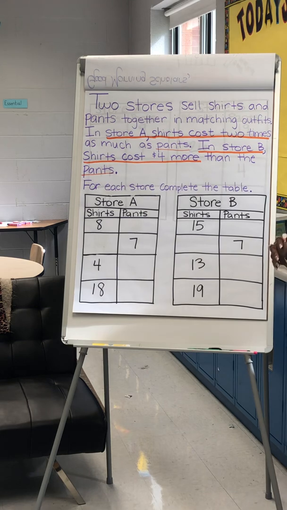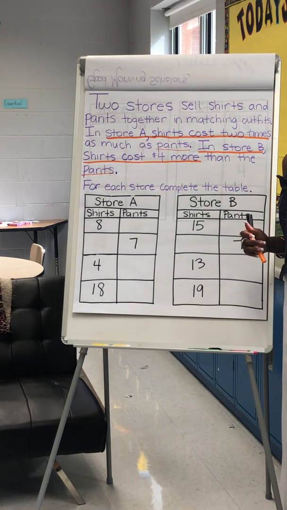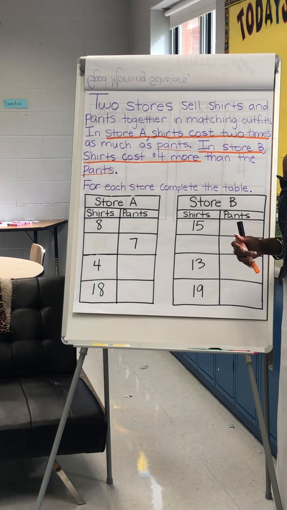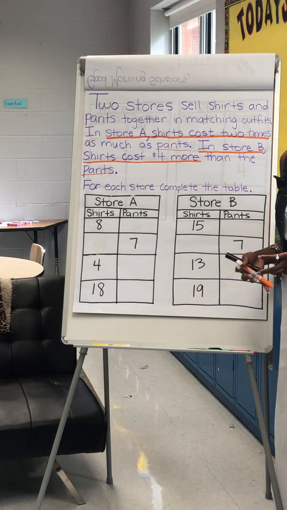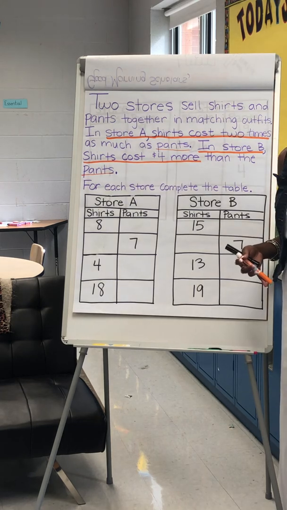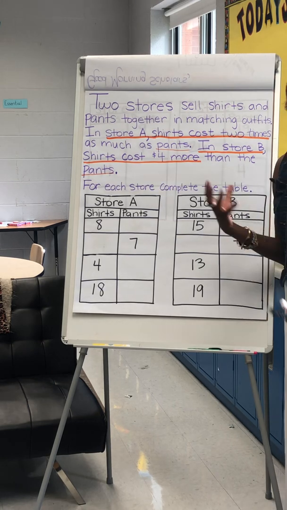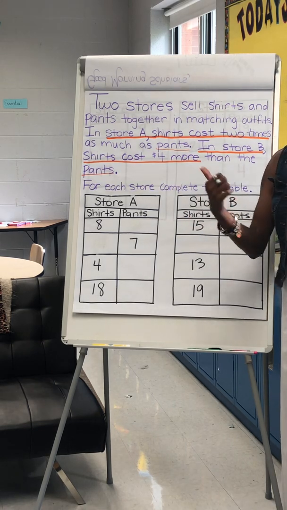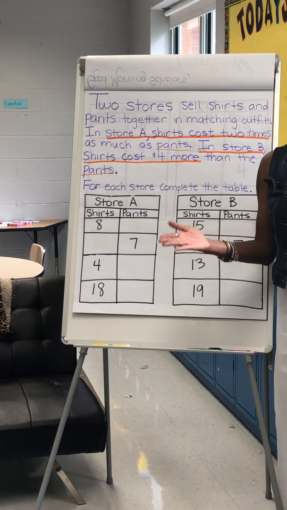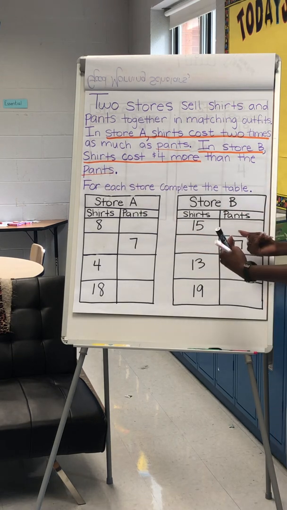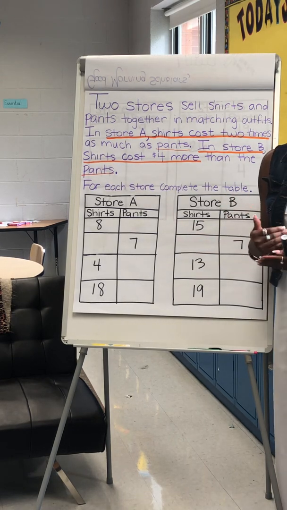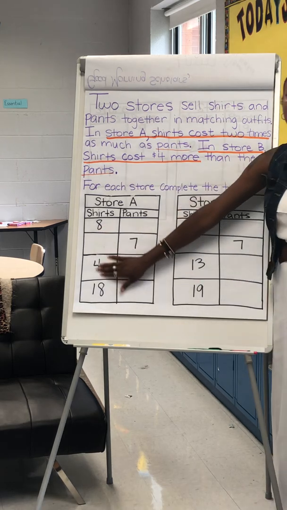So I need to figure that out. However, remember with multiplicative comparisons and additive comparisons, with multiplicative we can use multiplication and division, and with additive, we can use addition or subtraction. I don't care which strategy you use, however, we need to get the answer. So let's start out with store A.